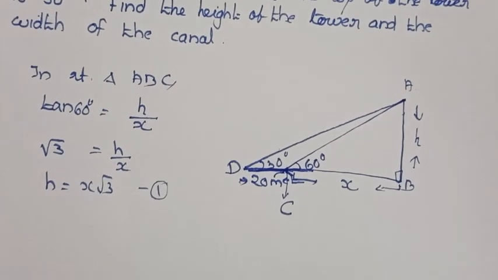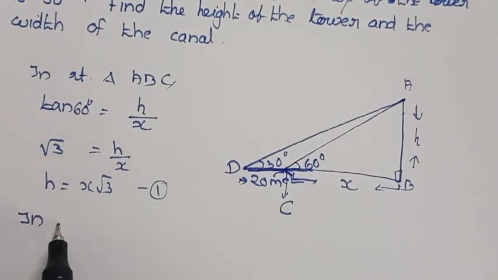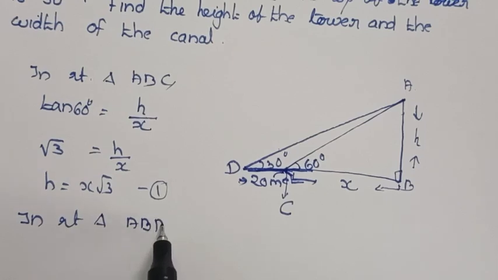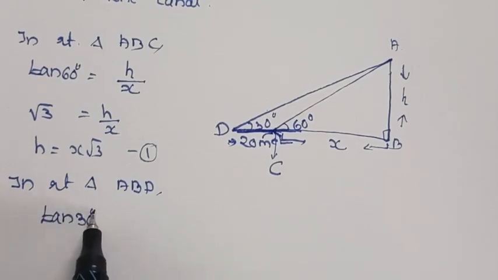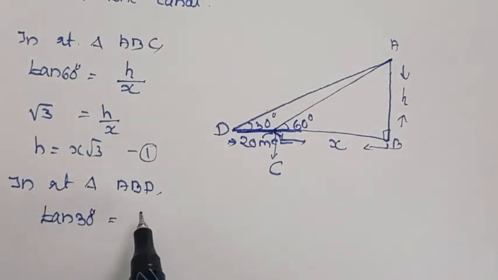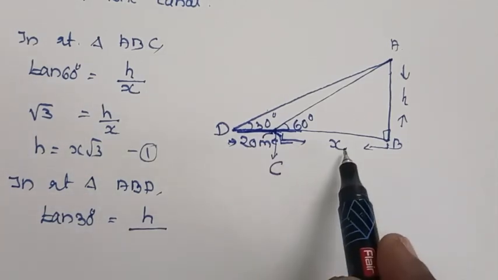Take the next right triangle, that is ABD. In right triangle ABD, there the angle is 30 degrees, isn't it? So take tan 30 degrees. Tan 30 degrees equals opposite side h divided by adjacent side, which is 20 plus x.